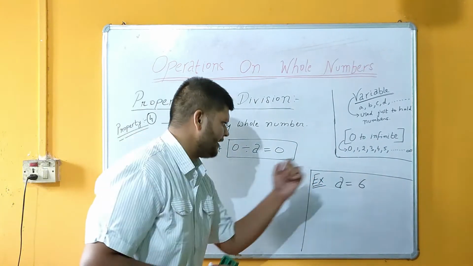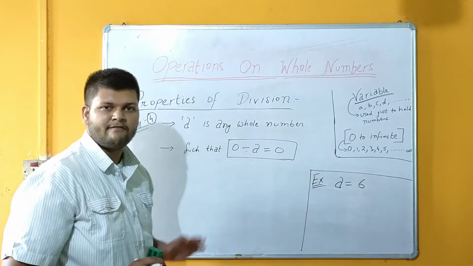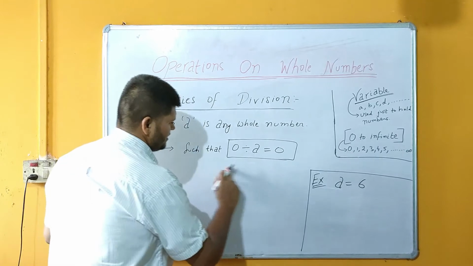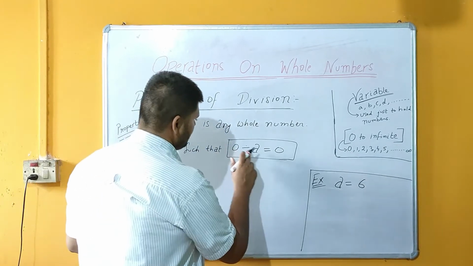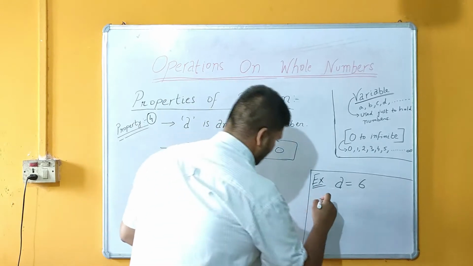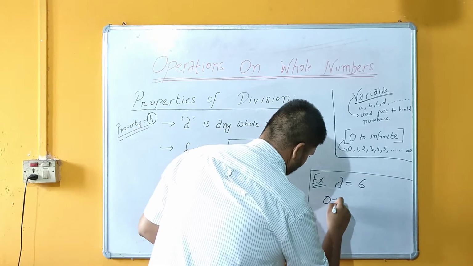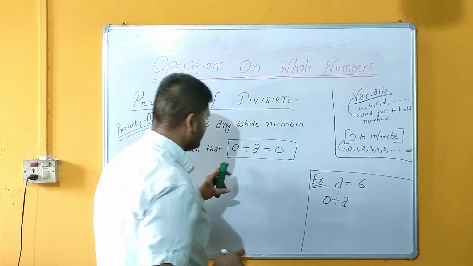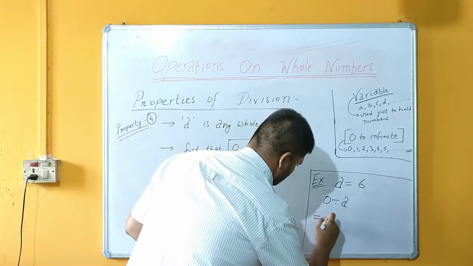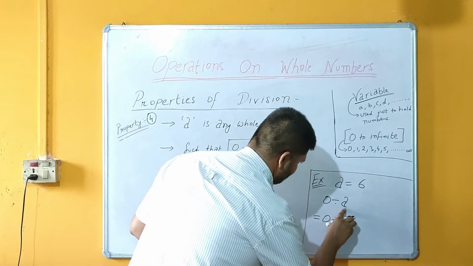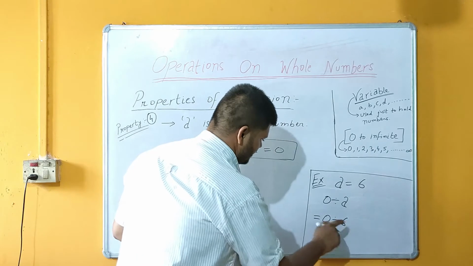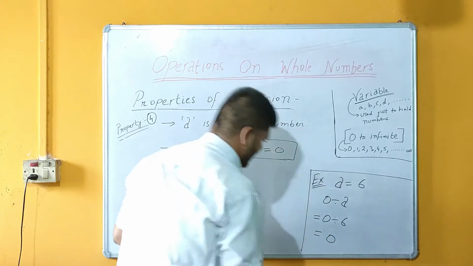Yes, this is lying. So once we have decided the value for A, we are responsible for verifying this second line. What is it? 0 divided by A gives 0. So let's verify that. 0 divided by A is the left hand side expression I have written over here. A value is 6 here. So 0 divided by 6, you will get the result as 0.